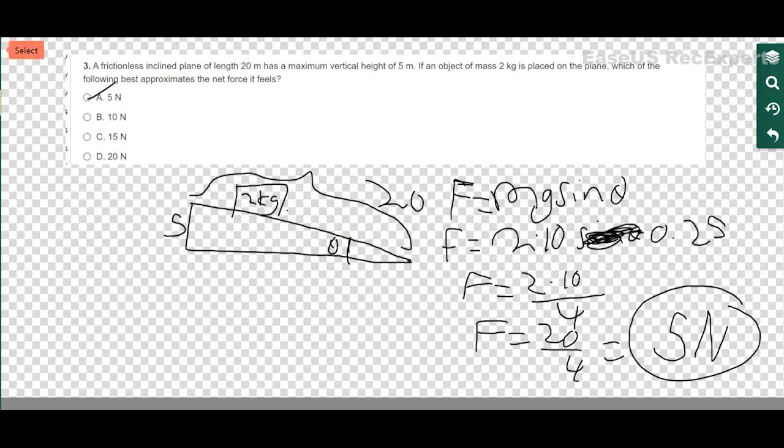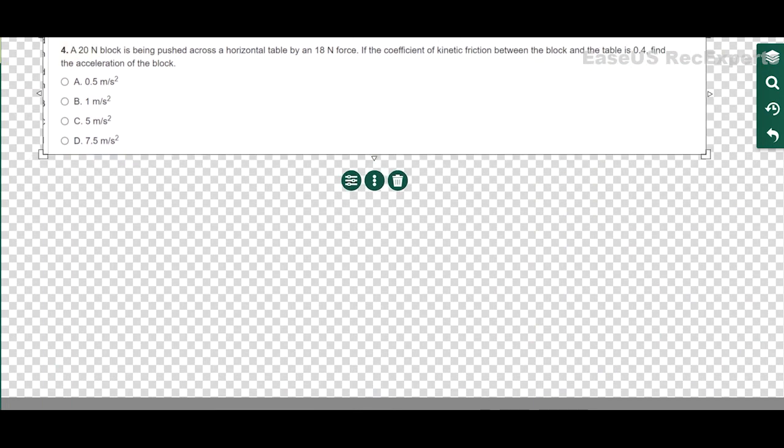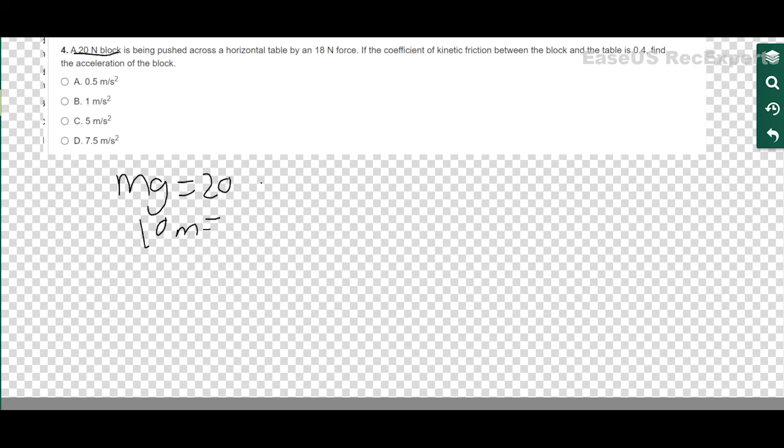A 20 Newton block is being pushed across a horizontal table by an 18 Newton force. When you see 20 Newton block, that implies it weighs 20 Newtons. So mg is equal to 20; you replace g with 10, and your m is equal to 2 kilograms.